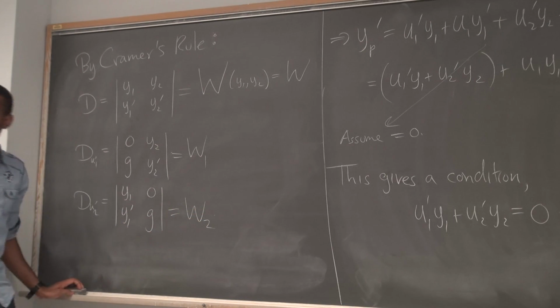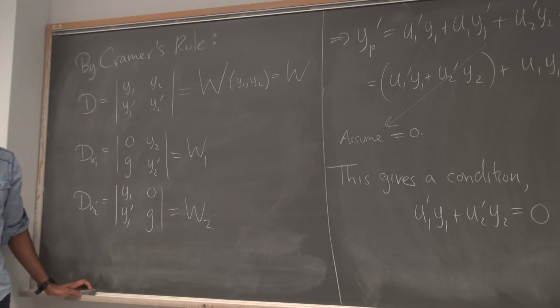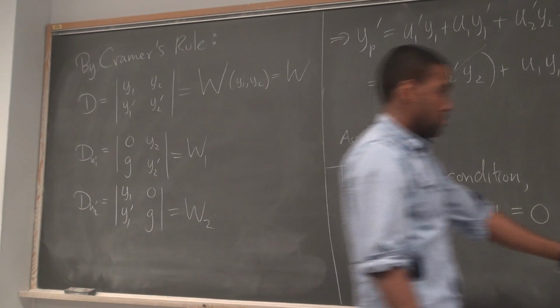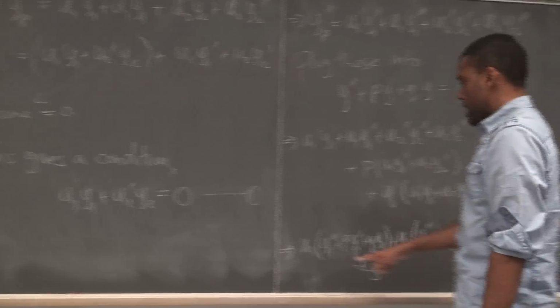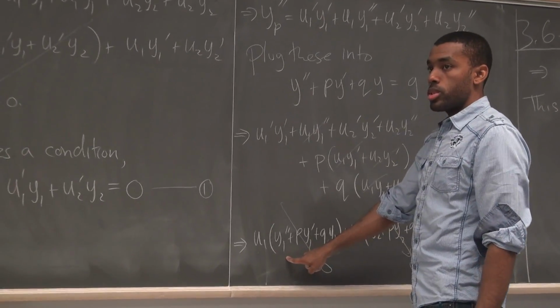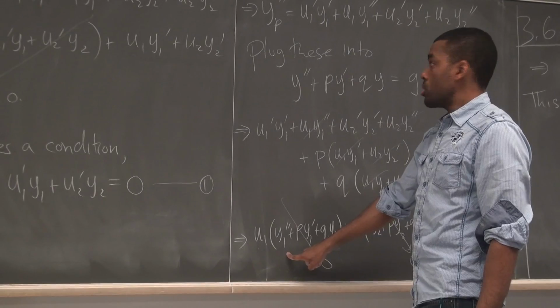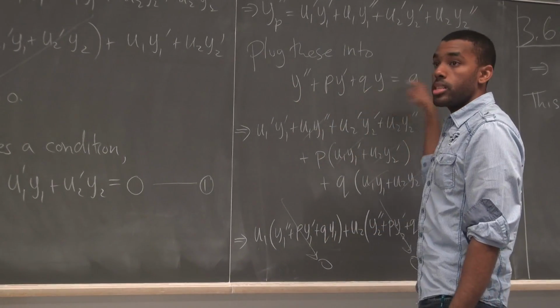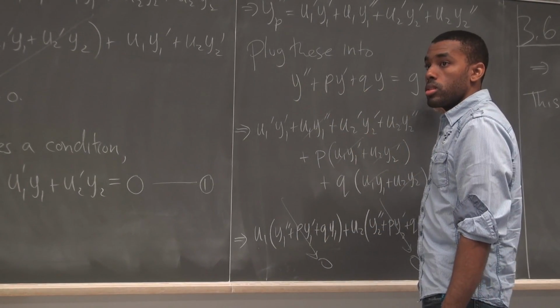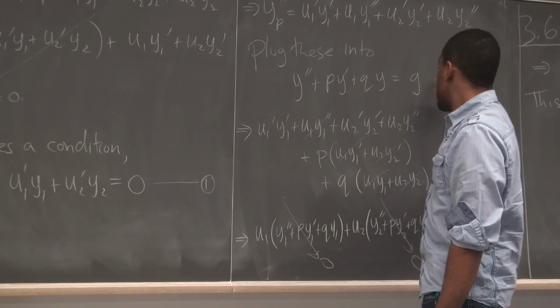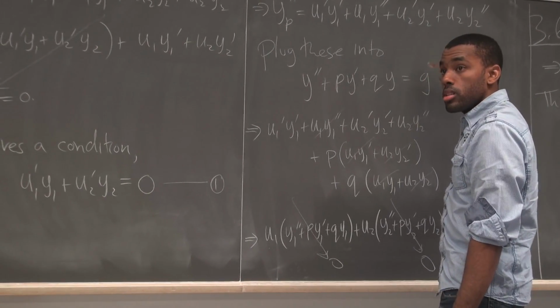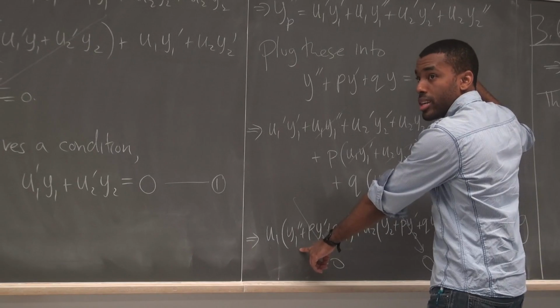Yes? How are those two parts 0? Oh, right here. Yeah. Because in the beginning I assumed y1 was a solution to the homogeneous equation, which means if I plug it in here, I should get 0. Remember, homogeneous is when you have 0 on this side. y1 is a solution to that equation.